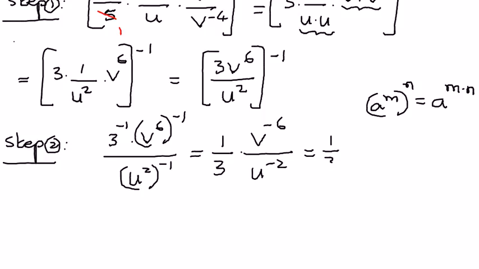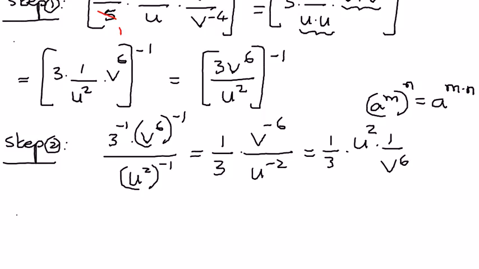1 over 3, I'm going to bring the u term to the numerator, and when we bring it to the numerator, the exponent changes sign, so that becomes u to the power of 2, and in the numerator I have v to the power of negative 6, and if I have to express it as a positive exponent, I can take it down to the denominator and write it as a positive exponent. So that becomes v to the power of 6.